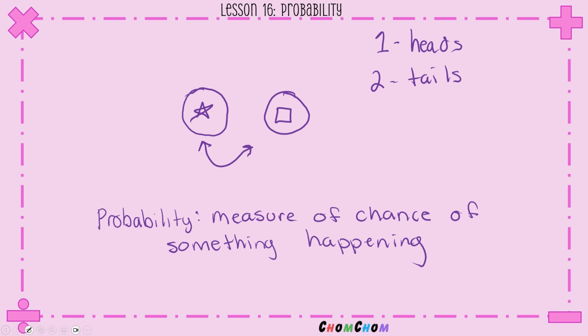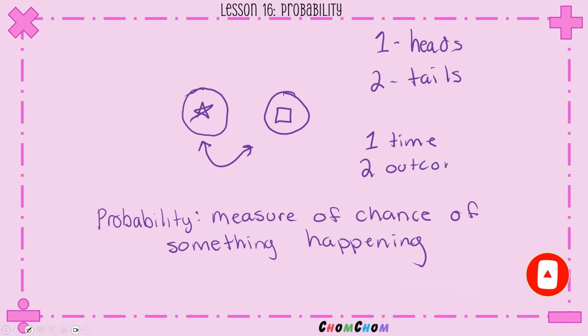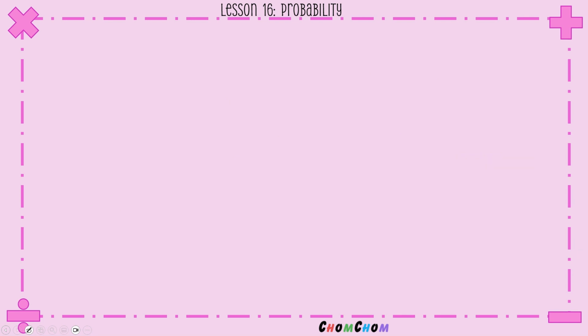So I did something 1 time, and we can agree there are 2 possible outcomes. So the chance of something happening is 1/2. So probability measures the chance of something happening.